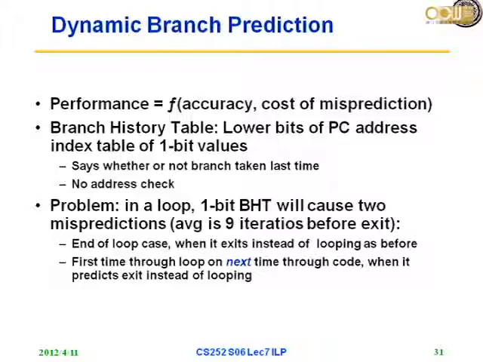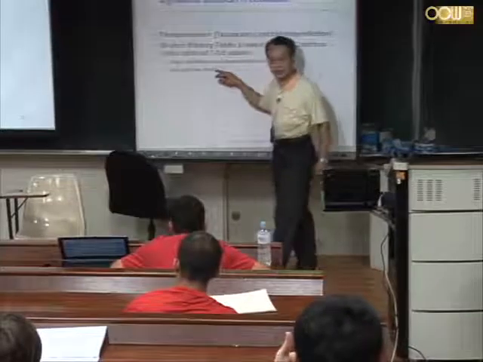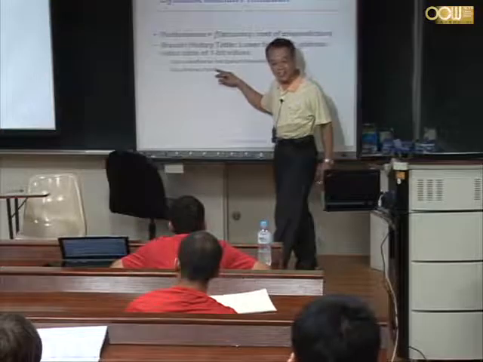Then usually we simply base our prediction on that bit, following suit: this time it should branch or should not branch, depending on what that bit says. So it says whether or not the branch was taken last time, with no address check. That's dangerous, but it's okay because it's prediction.